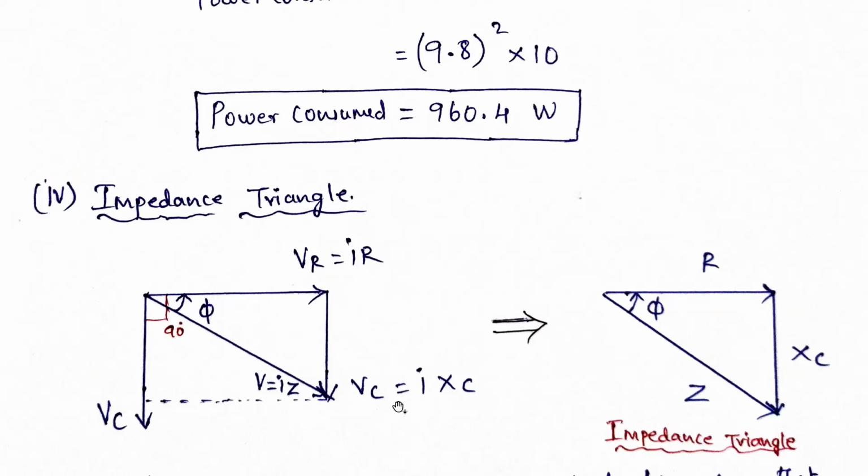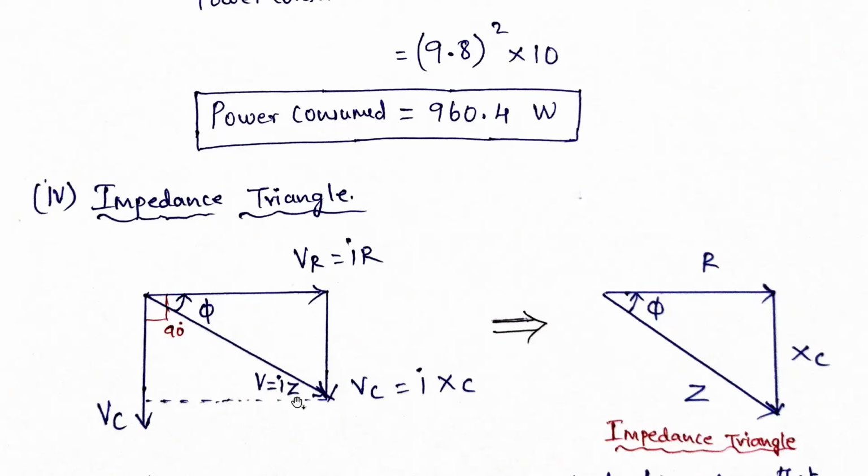VC is the voltage across the capacitor. VR is the voltage across the resistance, so VR is equal to I into R. Voltage across the capacitance is I into XC. So resultant is capital V, which is nothing but I into Z.